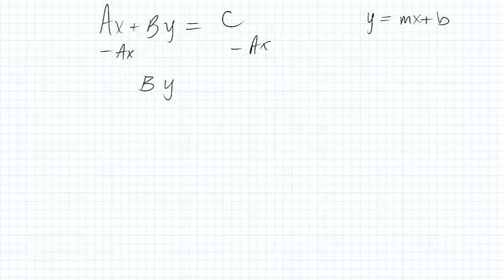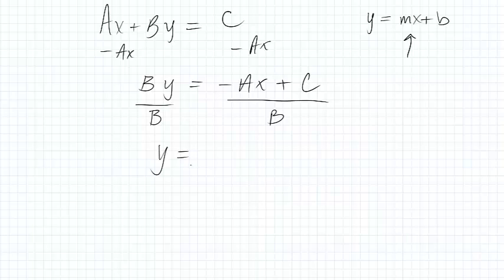So I have by equals negative ax plus c. And notice I put the ax first because in slope-intercept form, mx comes first. Now, to get the y by itself, I divide both sides by b. And I'm going to simplify that large fraction by saying this is negative a over b times x plus c over b.